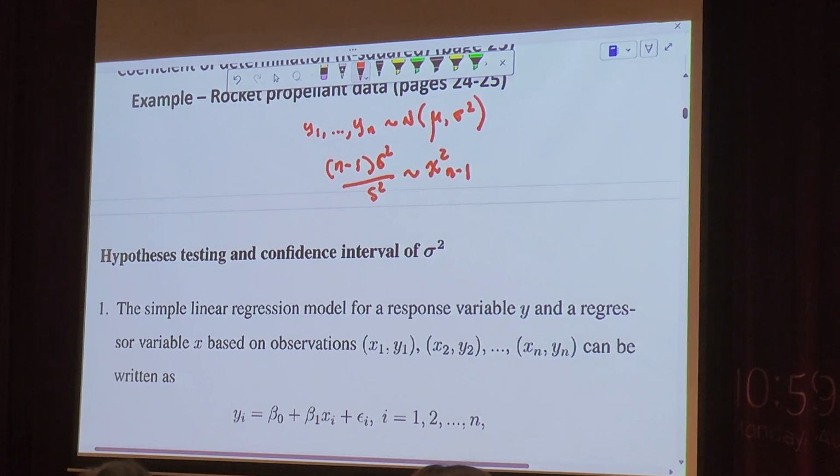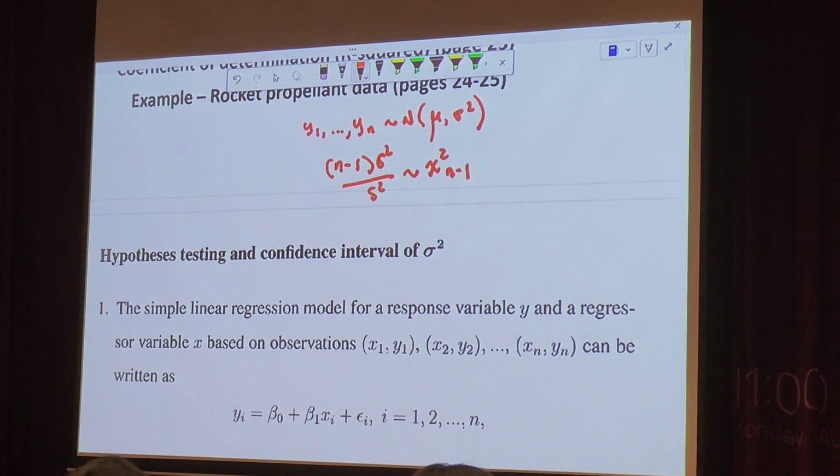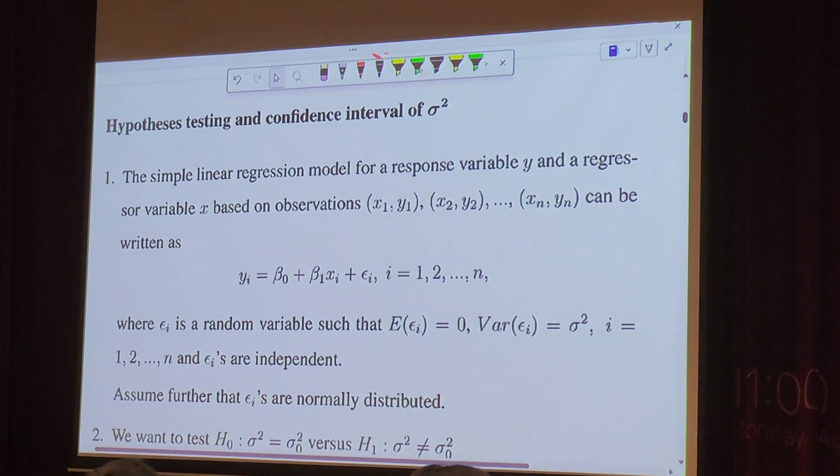Here, our objective is to test sigma squared, or to construct a confidence interval for sigma squared. For this simple model, we know that n minus 1 times S squared over sigma squared has a chi-square distribution with n minus 1 degrees of freedom. So what about the simple linear regression model that we are talking about here? Again, our distribution comes from this assumption.